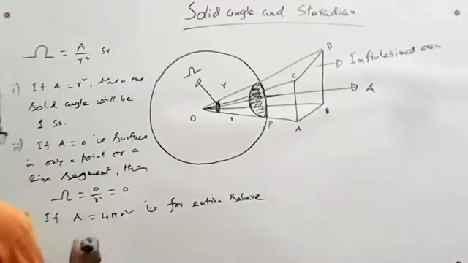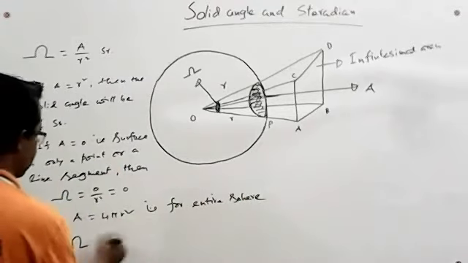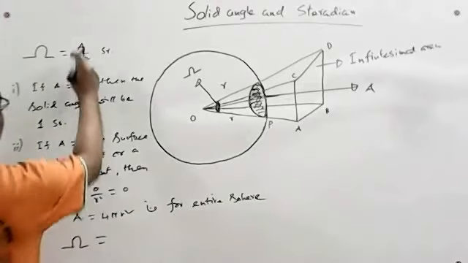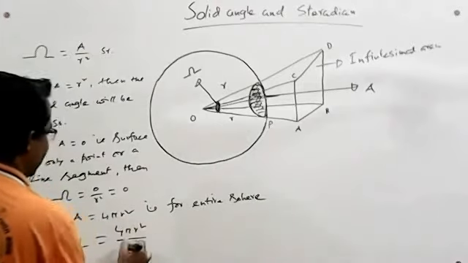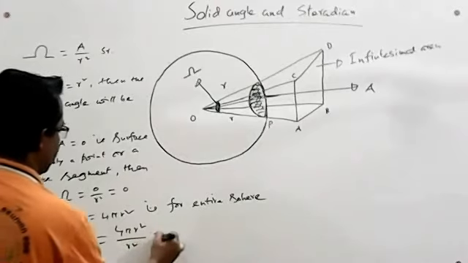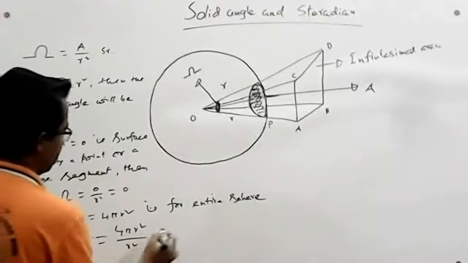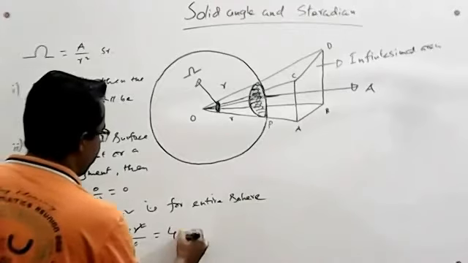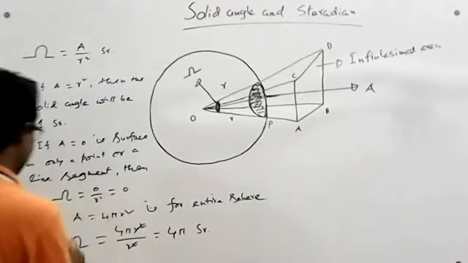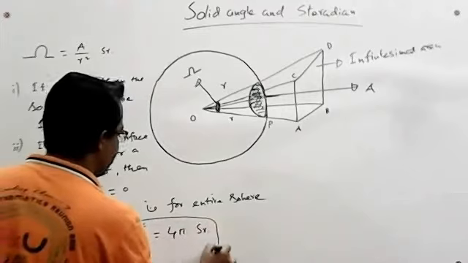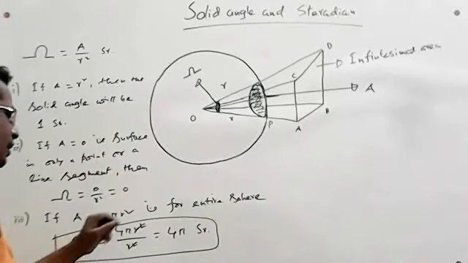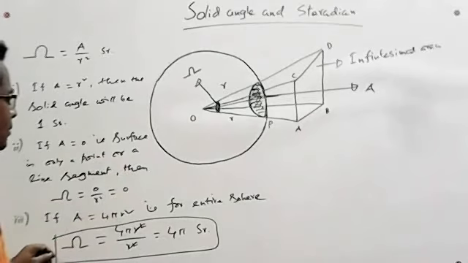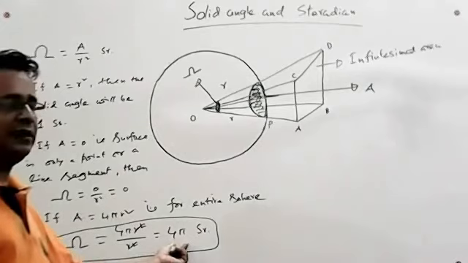The solid angle will be A equals 4 pi r square over r square. So r square cancels, and we get 4 pi steradian. This is an important formula for the total solid angle at the center of the sphere. For any sphere, we can say that the solid angle will be 4 pi steradian.